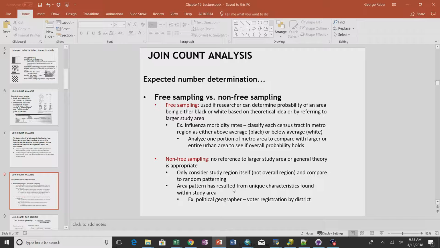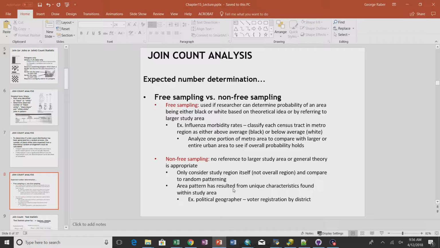You had a predetermined knowledge of the proportion of both categories. Or if you wanted to compare and say this smaller area should have the same distribution as this larger area, that's when you would use free sampling. Okay.